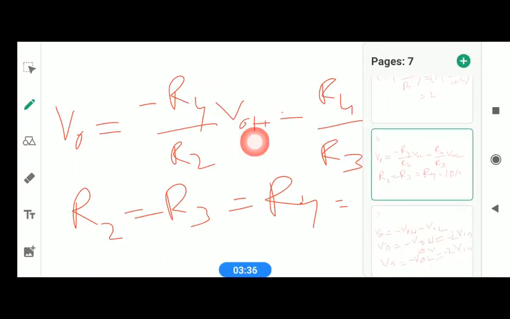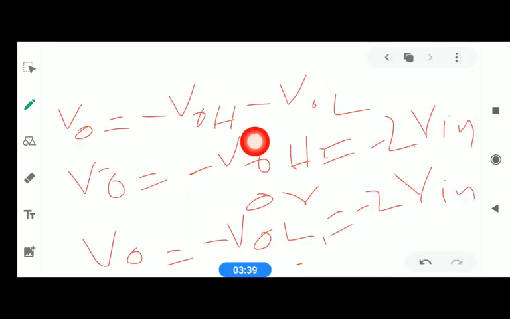Therefore the output of the summing amplifier is the sum of the output voltage of the high pass filter and the voltage of the low pass filter. So here the output V0 is either the signal from the high pass filter or the signal from the low pass filter, because the high pass filter and low pass filter should not both give a signal at a time to the summing amplifier.